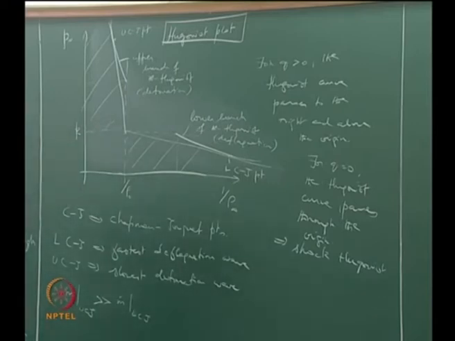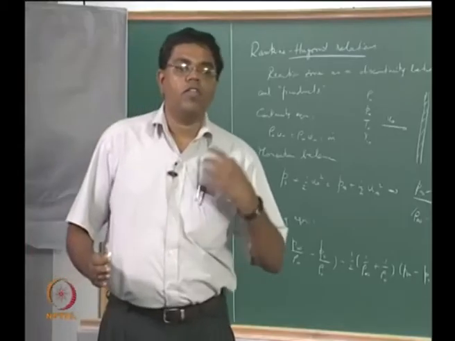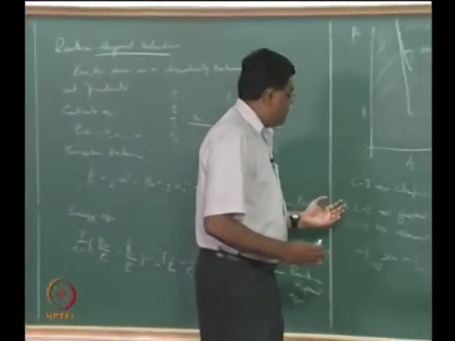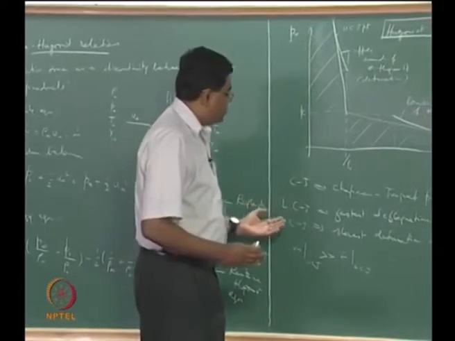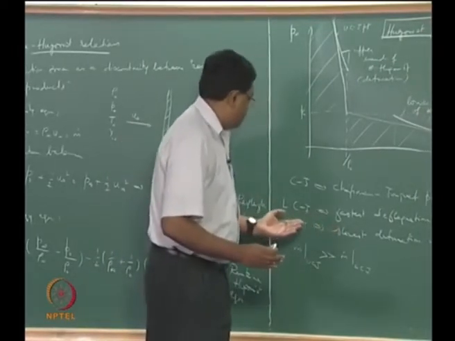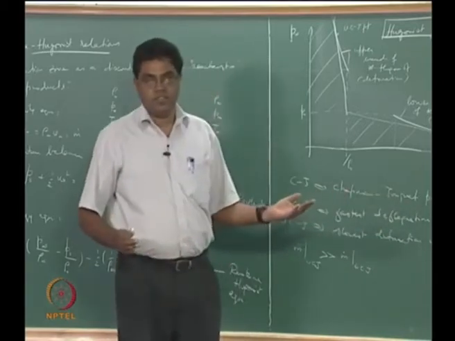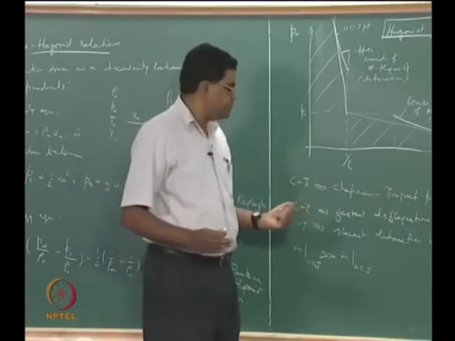So you now see that there is about a factor of 3 to 4 orders of magnitude difference between the detonation velocities and deflagration velocities, right.